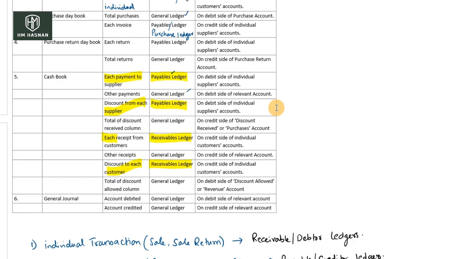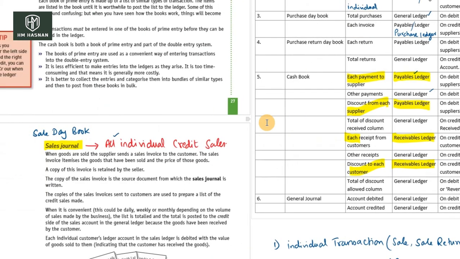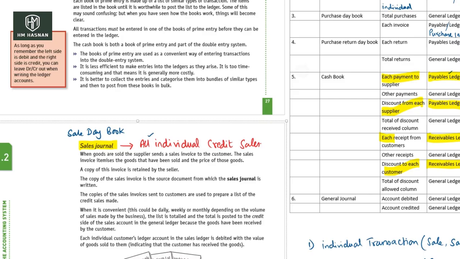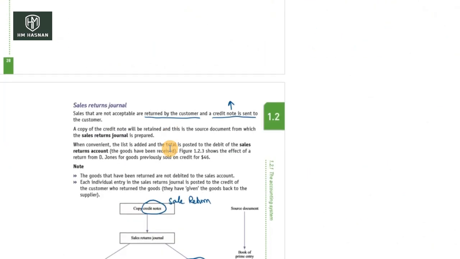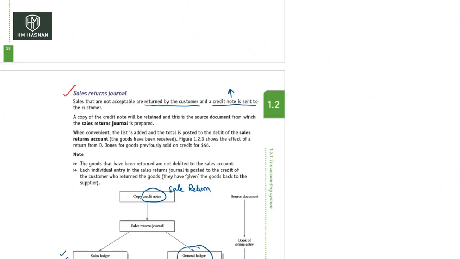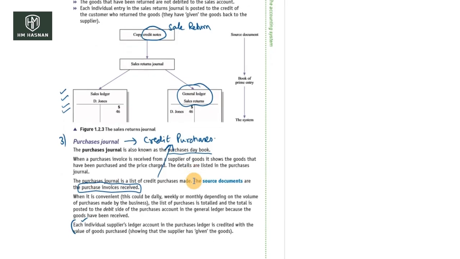So here is the list of all books of prime entry. What we have read in this section: we read the sale day book, the sale return day book, which we already talked about earlier and discussed again in this session.